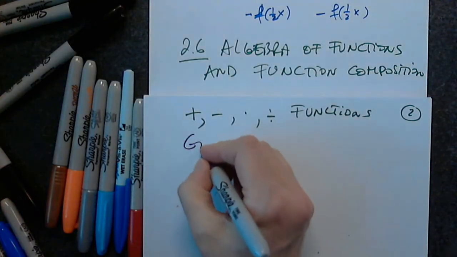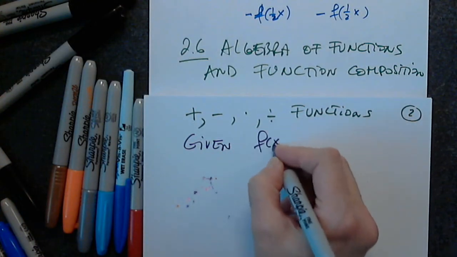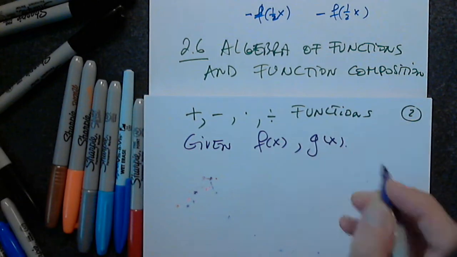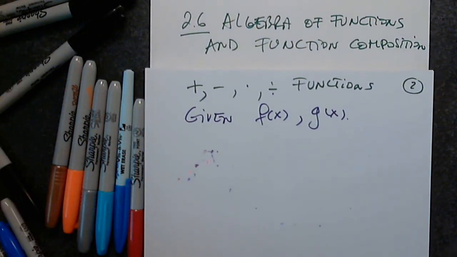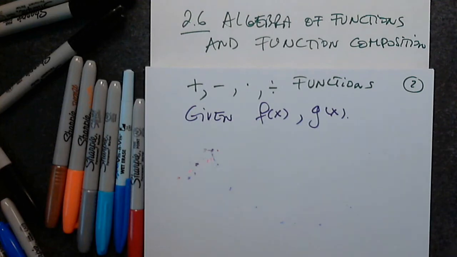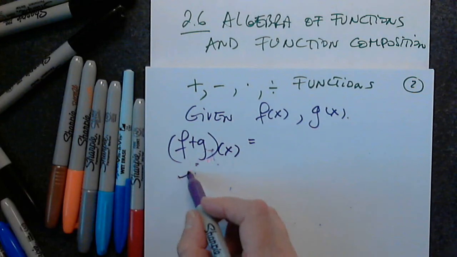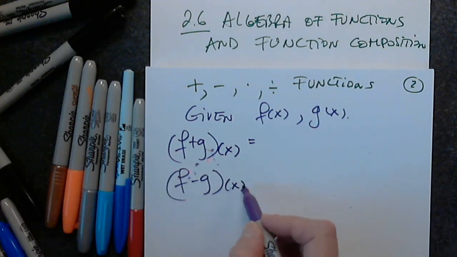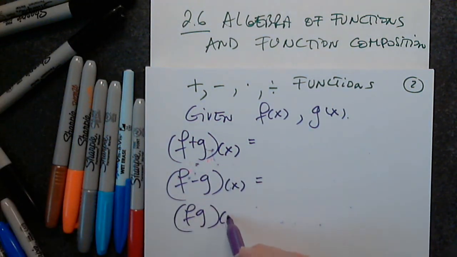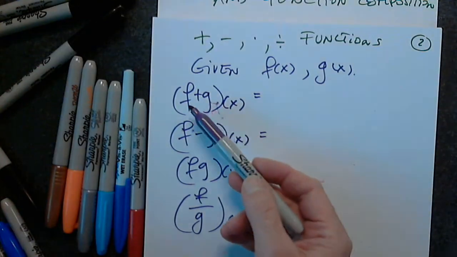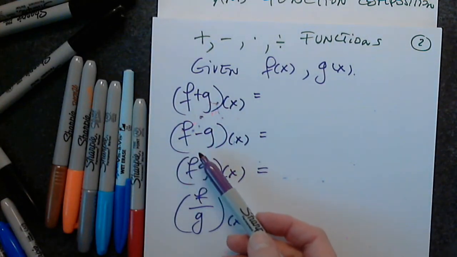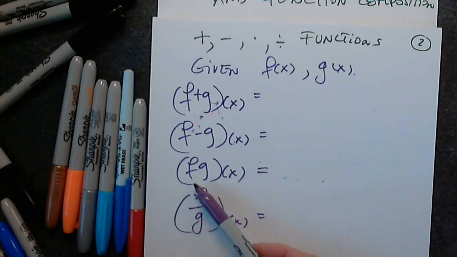So given, let's say, f of x and also g of x, I have two functions. I may have more than two functions, but let's suppose I have only two. What do you think this represents? And then this. And then this. This is read f plus g of x, f minus g of x, f times g of x, f over g of x.